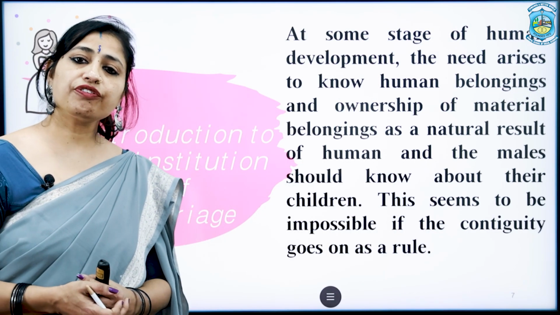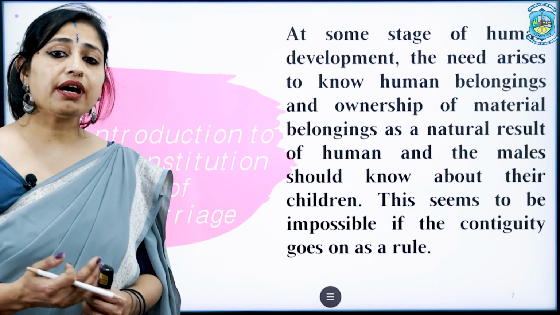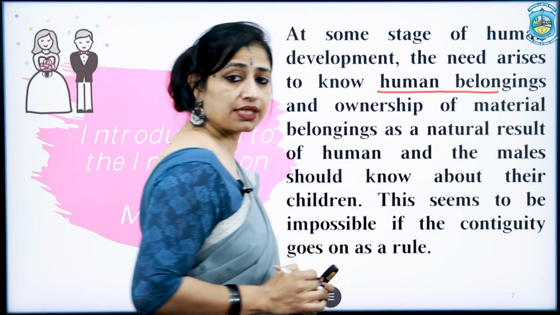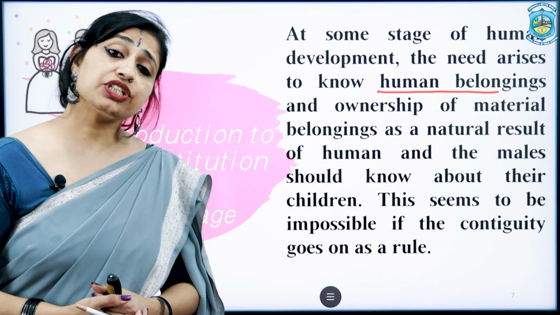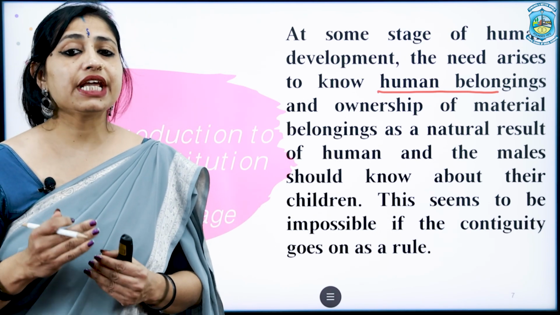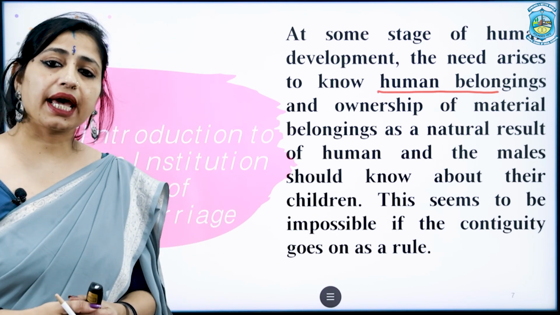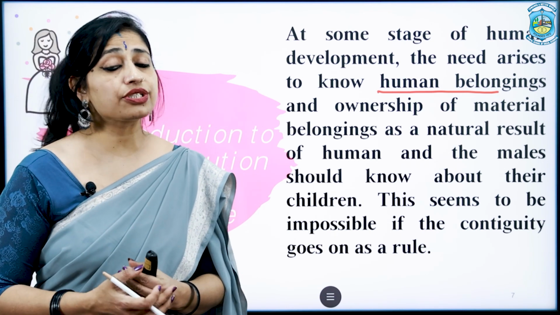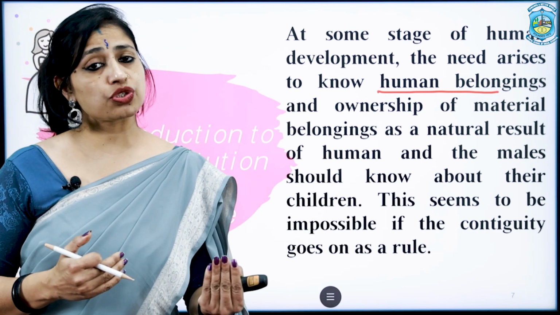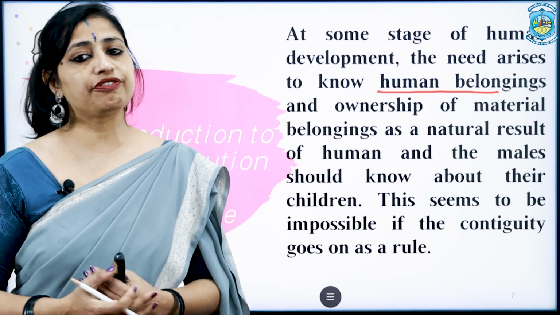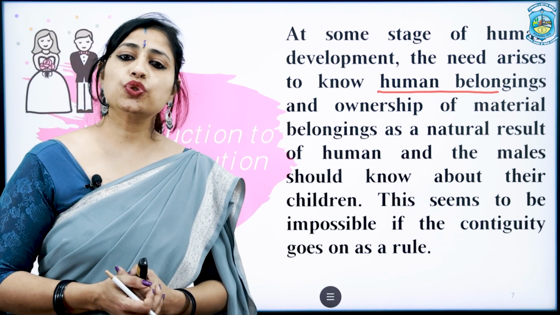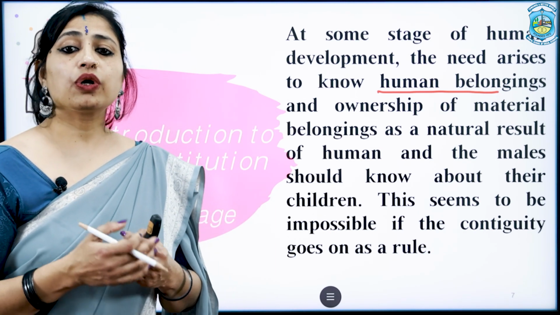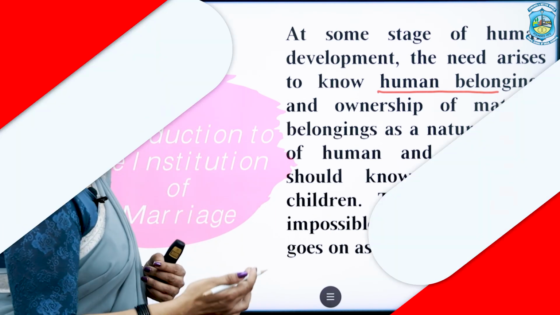At some stage of human development, the need arises to know regarding the human belongings and ownership of material belongings as a natural result, and the male should know the identity of their children, that is, whose child, whose mother and who is the father. This seems to be impossible if promiscuity goes on as a rule.